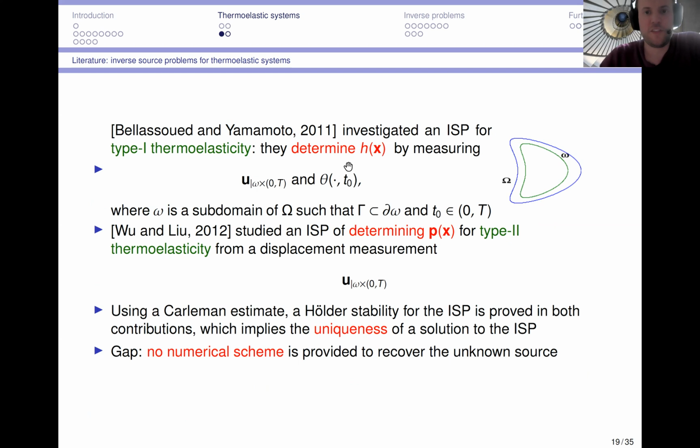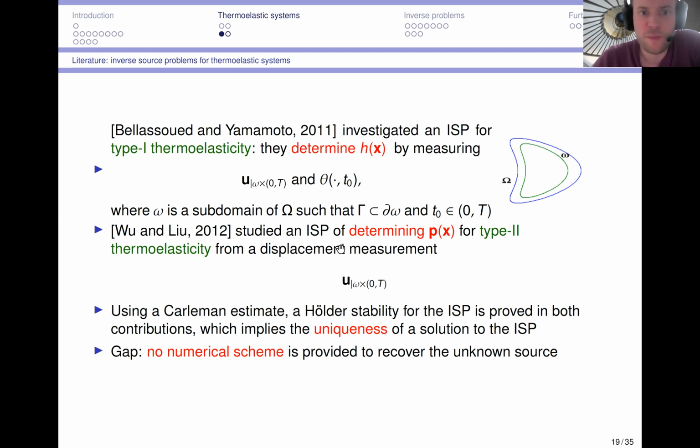So these were the results available in the literature before I started my work. Bellassoued and Yamamoto studied the inverse problem of determining a space-dependent heat source on the basis of the measurement of the displacement on a subdomain containing the boundary of omega, and also they measured the temperature at a fixed time point in the complete domain.